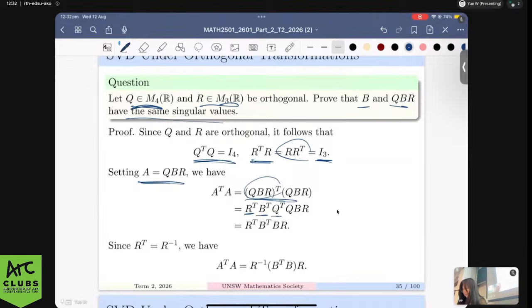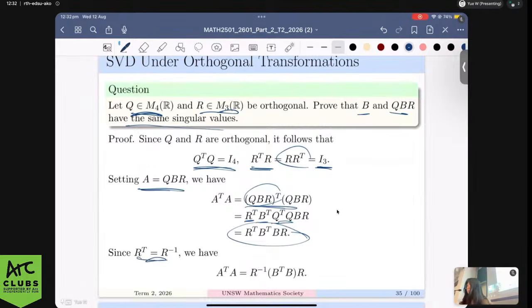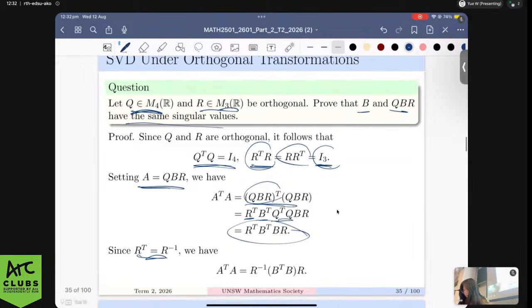And because your Q transpose Q is equal to the identity, that just becomes I. So you're left with this expression here. Okay, and since you know that your R transpose is equal to your R inverse, because once again I just times both of these by R inverse, you can once again just rearrange everything to get this form here.